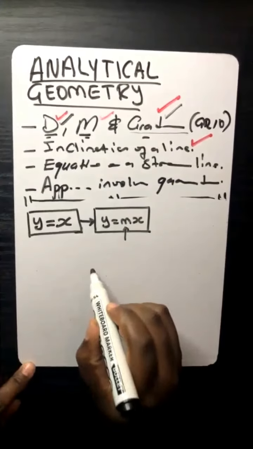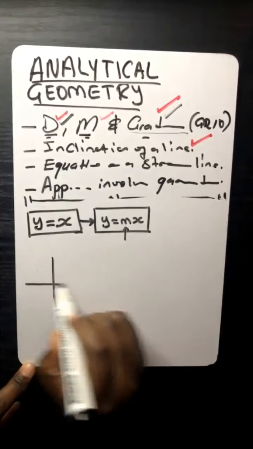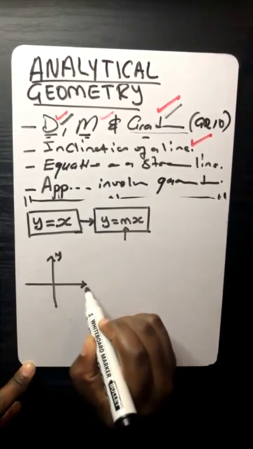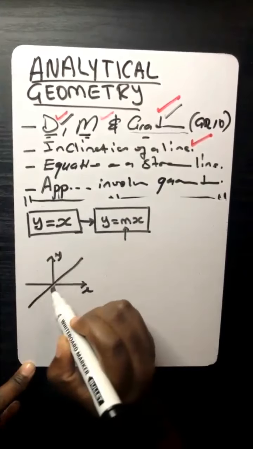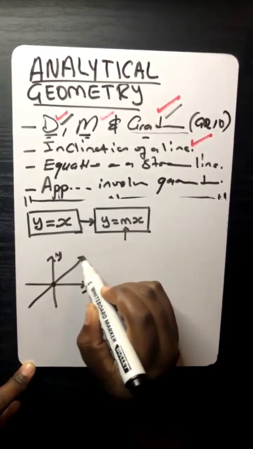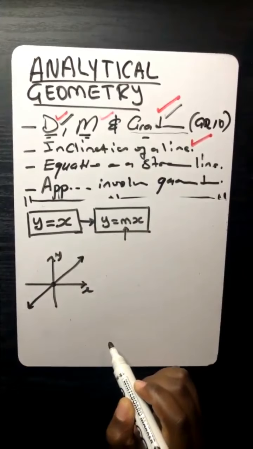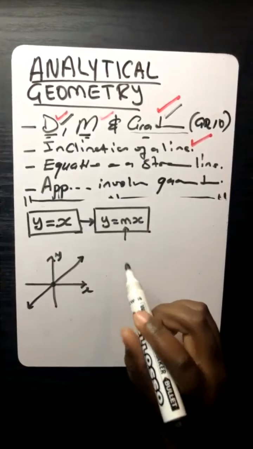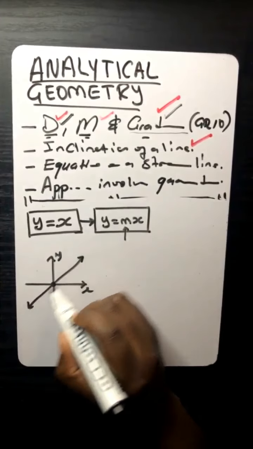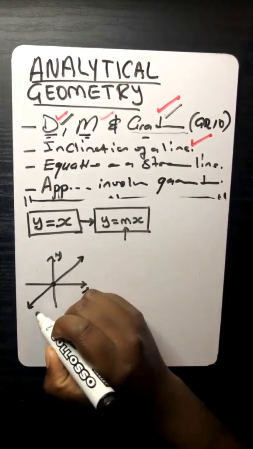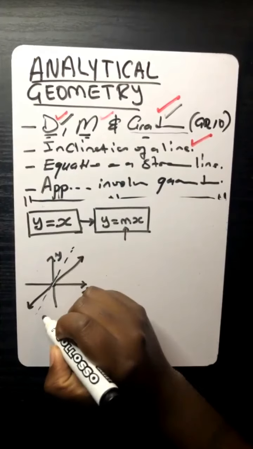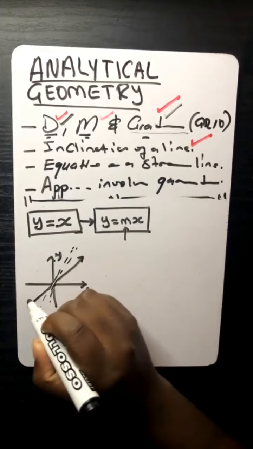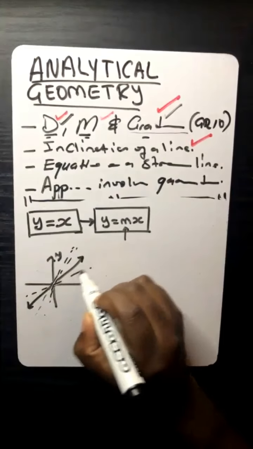Let me quickly give you a picture of what I'm talking about. You have y, you have x, you have a straight line passing through the origin. This is where a straight line comes from. But after some time, we realize it's not always a straight line similar to that. You can have a line which is like that, or like that, but passing through the origin.